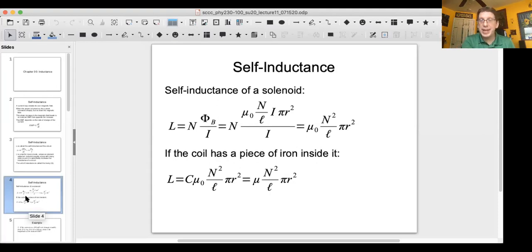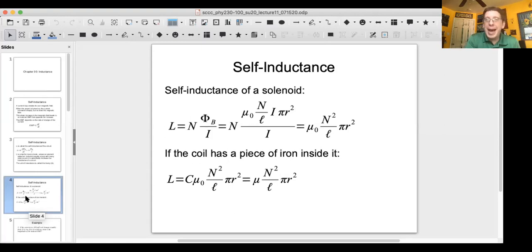And you're multiplying that by the cross-sectional area of the solenoid, which is pi r squared, and you're dividing that by I. And so what you get out is that L is equal to mu naught, the permeability of free space, times N squared. So it depends on the square of the total number of turns in the coil of wire divided by the length of the solenoid, the length of the cylinder, and multiplied by pi r squared. So it depends on the total number of turns and the dimensions of the cylinder.